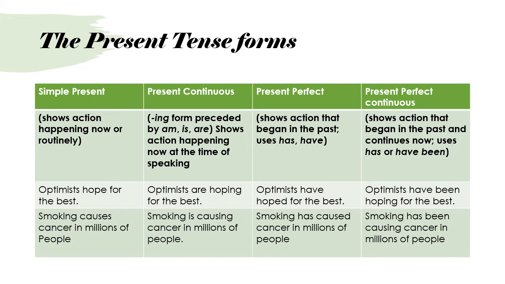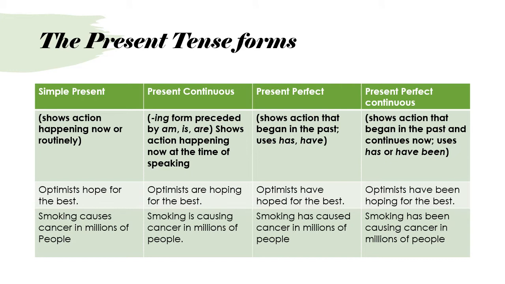So hope and causes are the simple present forms of the verb. We use the base form of the verb, and if it's singular, we add s, like smoking causes, and if it's plural, like optimists, we use only the base verb without s, that is optimists hope.